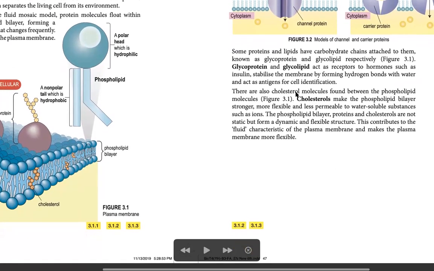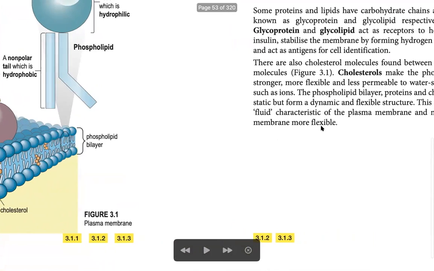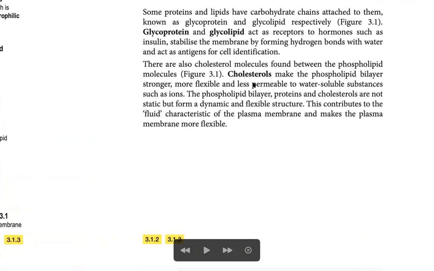Okay, there is also cholesterol found between phospholipid bilayer. So here you can see this is cholesterol. Okay, so what is the function of cholesterol? Tengok kat sini. Cholesterol will make the phospholipid bilayer stronger and more flexible and less permeable to a water-soluble substance such as ion.